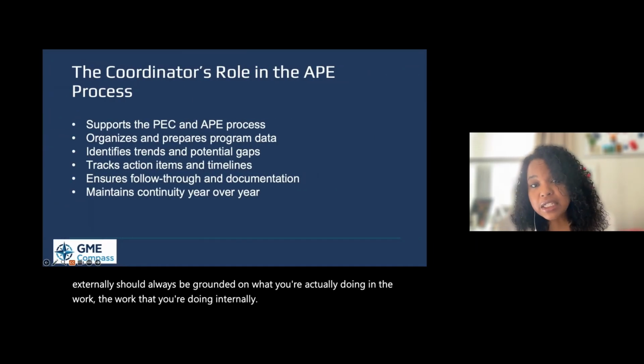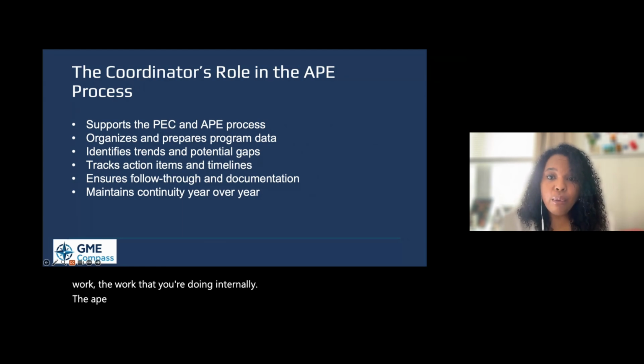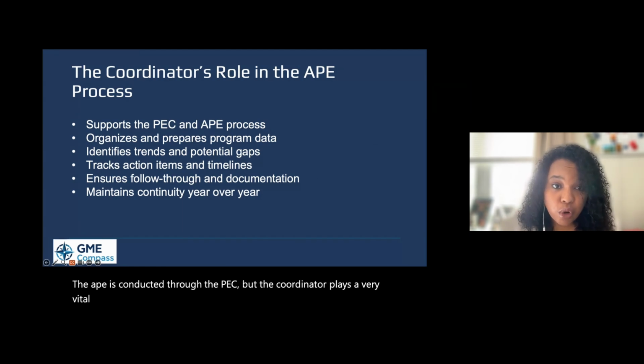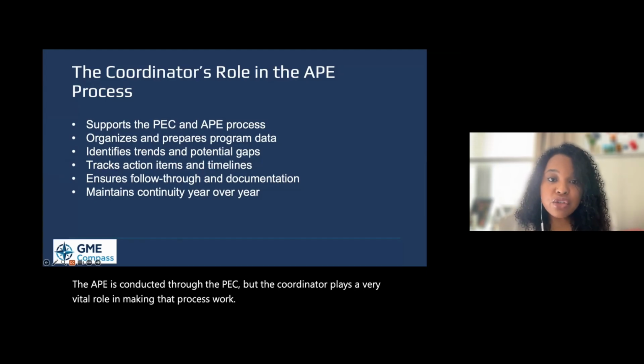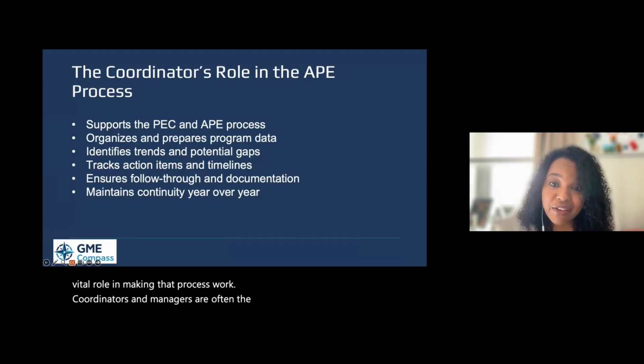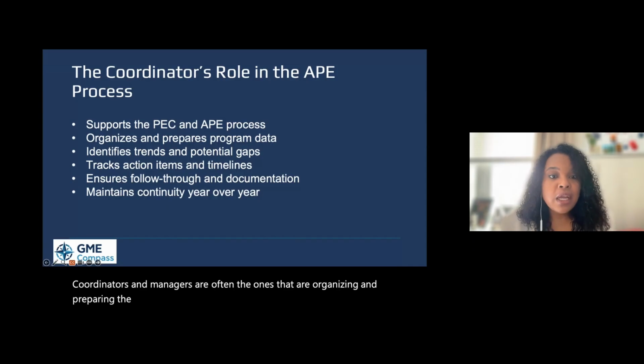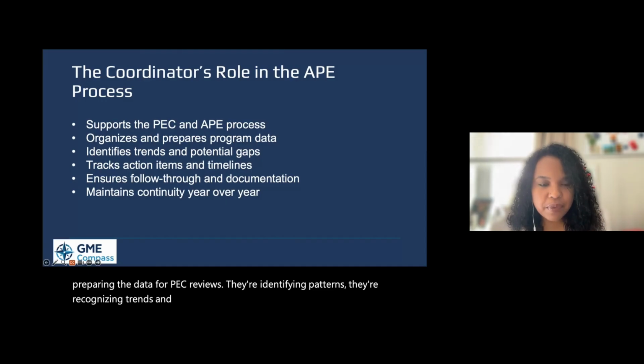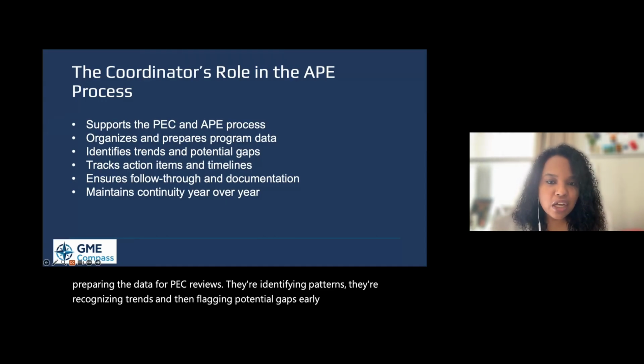The APE is conducted through the PEC, but the coordinator plays a very vital role in making that process work. Coordinators and managers are often the ones organizing and preparing the data for PEC reviews. They're identifying patterns, recognizing trends, and flagging potential gaps early. They also help to keep the process on track.